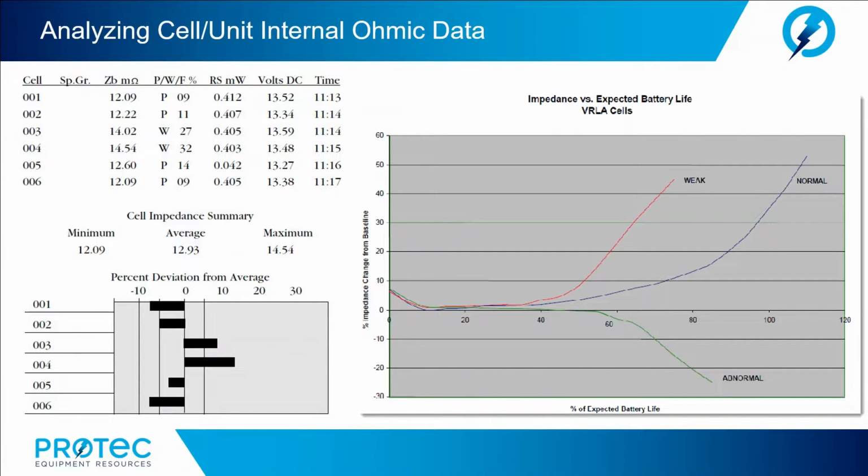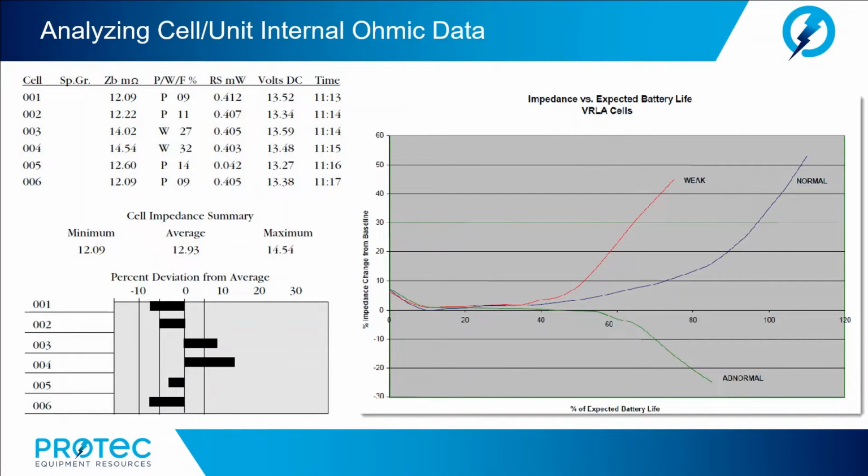Now, analyzing cell or unit internal ohmic data. Cell unit internal ohmic data can help give us an indication of the overall state of health of an individual cell or unit against the rest of those in the battery bank. It can also be used to determine where on the overall life cycle the battery cell resides, and it can give us an indication of how quickly a battery is beginning to age.